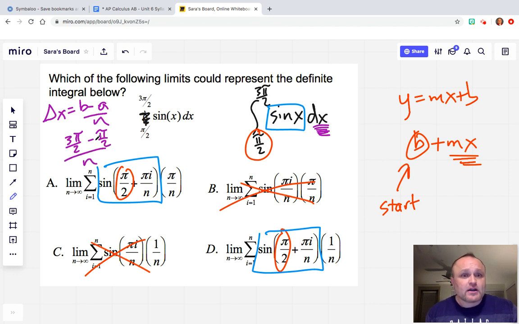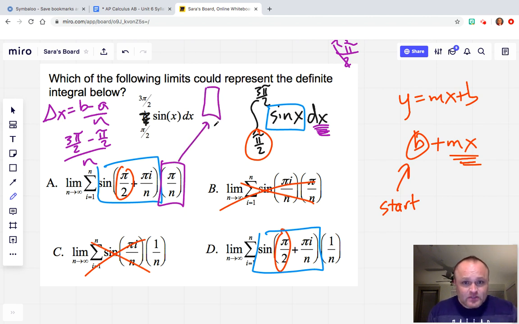So 3 pi minus pi is 2 pi over 2, which would cancel, and you're left with pi over n, which is this width right here. Pi over n is each width of what I'm looking at as far as each of these rectangles. Okay, so this pi over n is this width right here, this delta x.